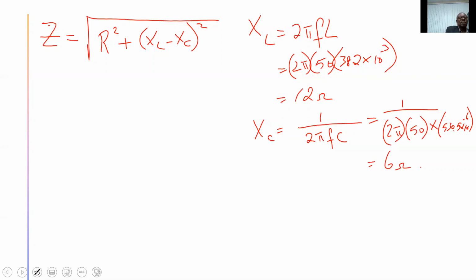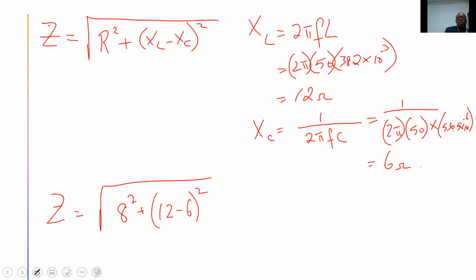So Z, our impedance, is equal to the square root of 8 squared plus (12 minus 6) all squared, which is equal to the square root of 8 squared plus 6 squared, which is equal to 10 ohms. So the magnitude of our impedance is 10 ohms.